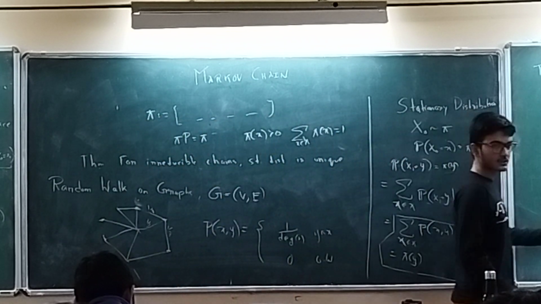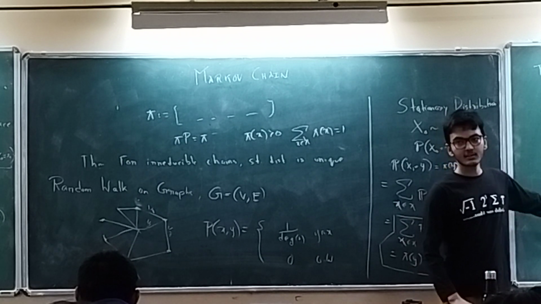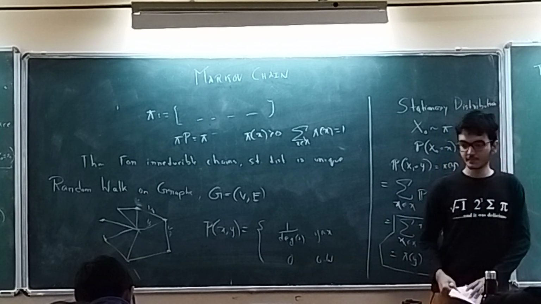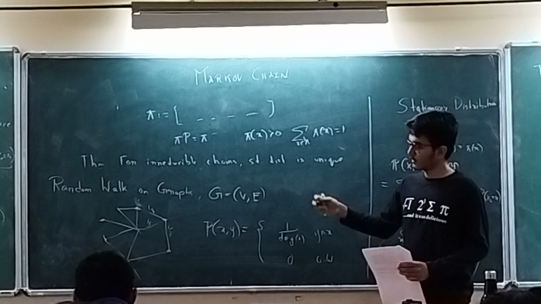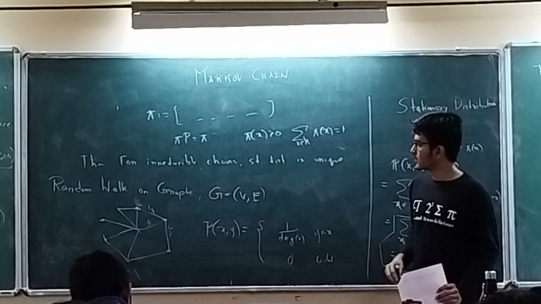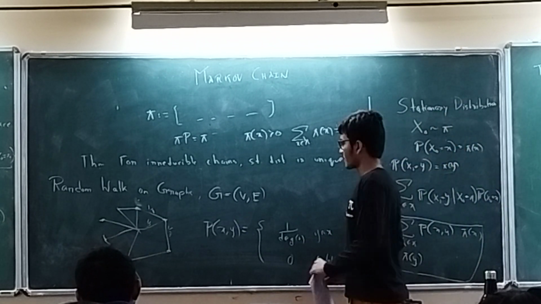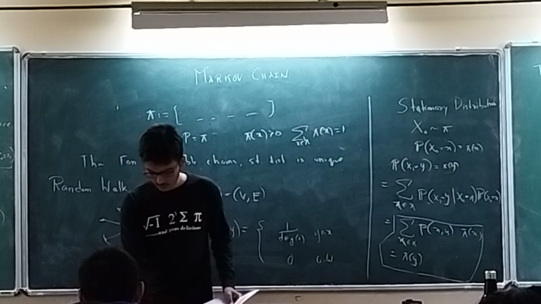This one is just a random walk of 5 steps, sorry, 6 steps. And you can try out any number of steps. Is this clear? We'll use that one now.